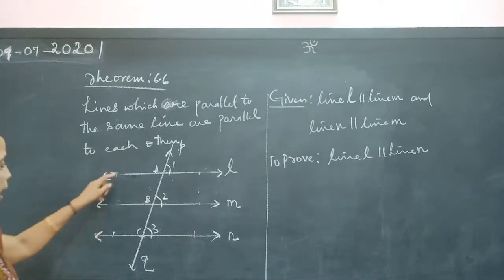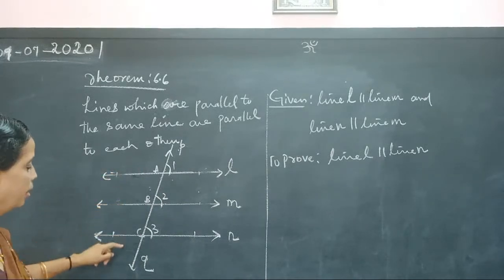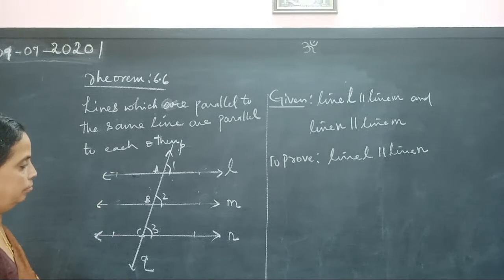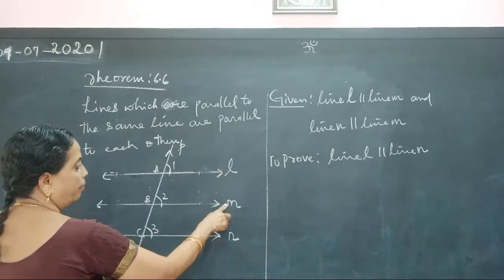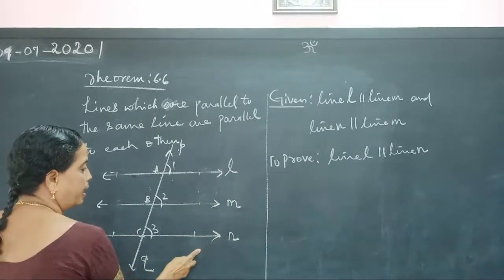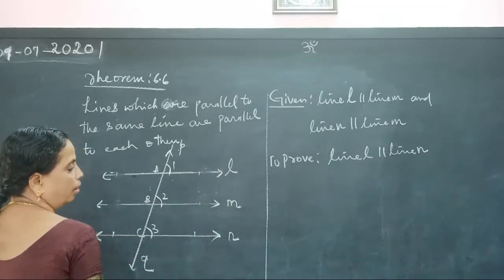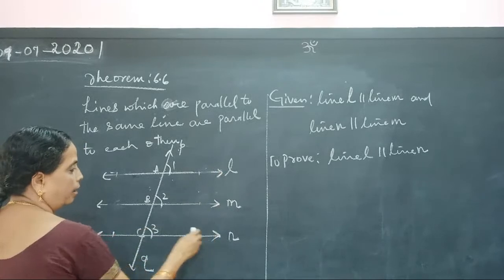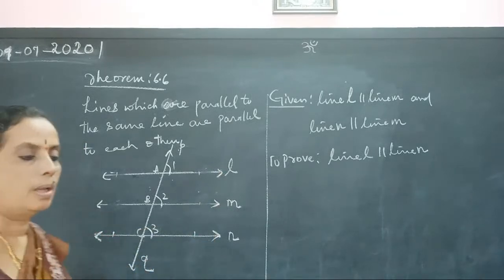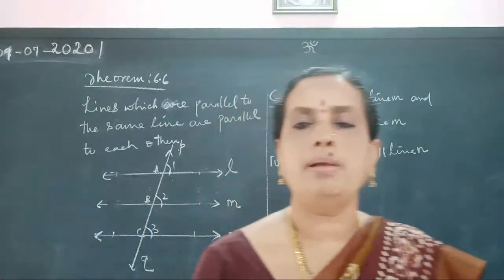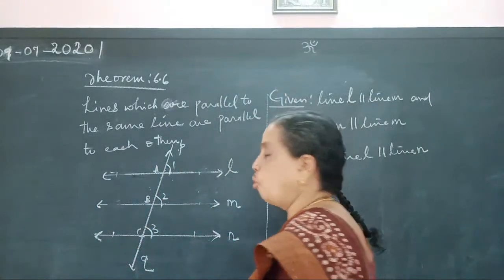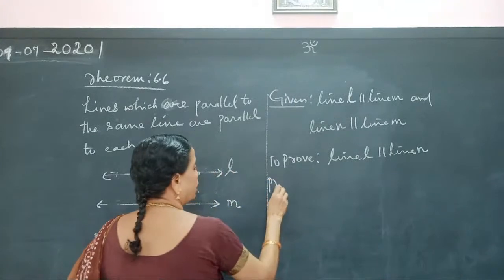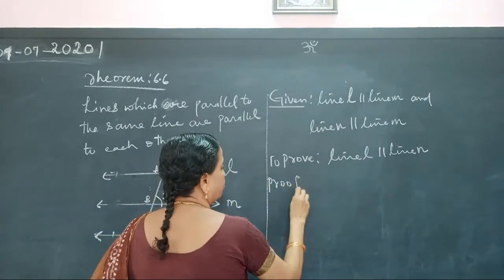Line L, M, N. You can also take L is parallel to M, N is parallel to M. Then they are parallel. Lines which are parallel to the same line are parallel to each other. To prove also over, now we will come to the next step, that is proof.